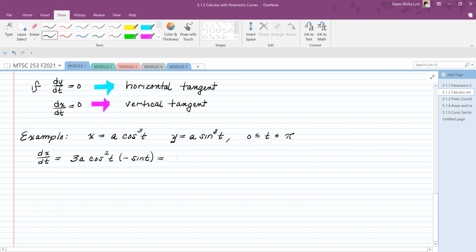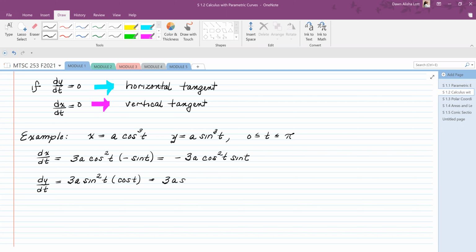So that gives me negative 3a cosine squared t sine of t, and dy dt is 3a sine squared t times cosine t. So that's positive 3a sine squared of t cosine of t.